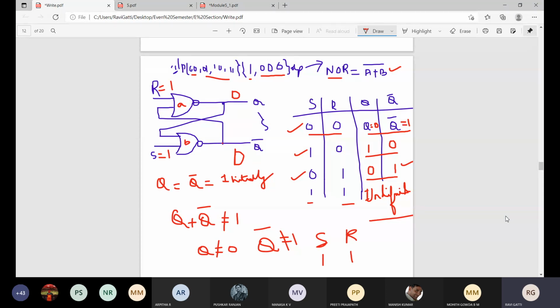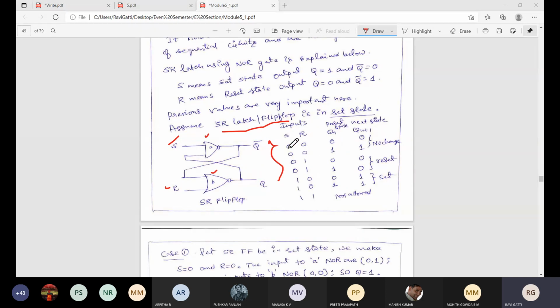Okay, so now you can see here this PDF. The same table we have written over here for the cases. When S is equal to 0 and R is equal to 0, whether Q is equal to 1 or Q bar is equal to 1 does not matter. It will not change the output; whatever was there in the previous case will be retained as it is.